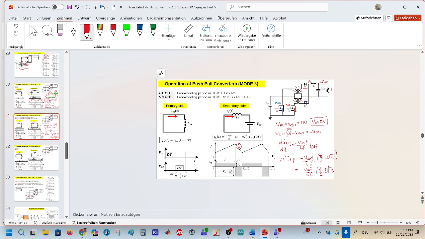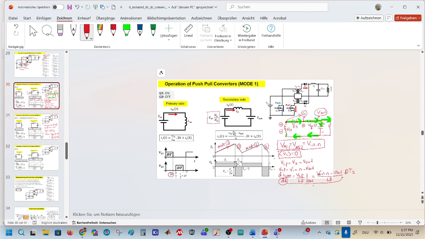This was off, and we know that the net current change on the inductor should be 0. Okay, we should use this formula here for on time.